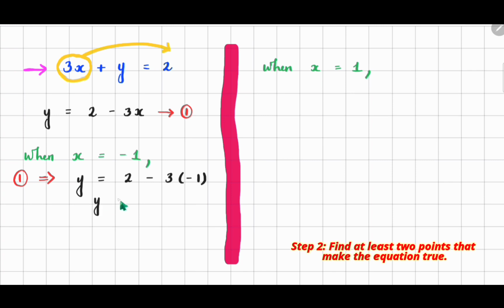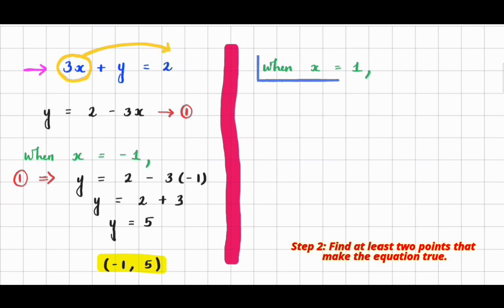So we have y equals 2, then negative 3 times negative 1 is positive 3. We get y equals 5. So the ordered pair form, in other words, the point is negative 1, 5. Negative 1 is the x value and 5 is the y value.